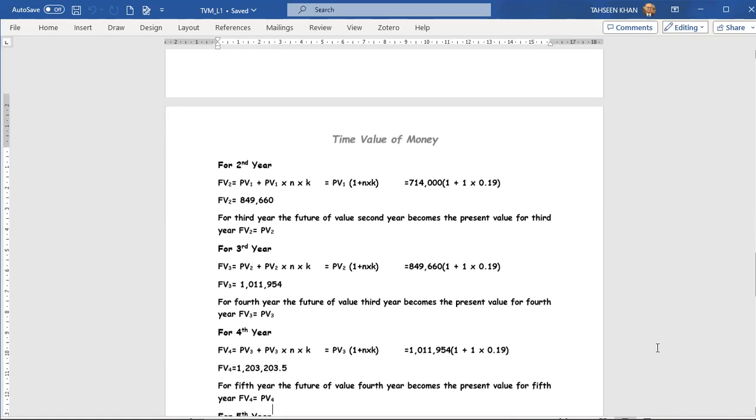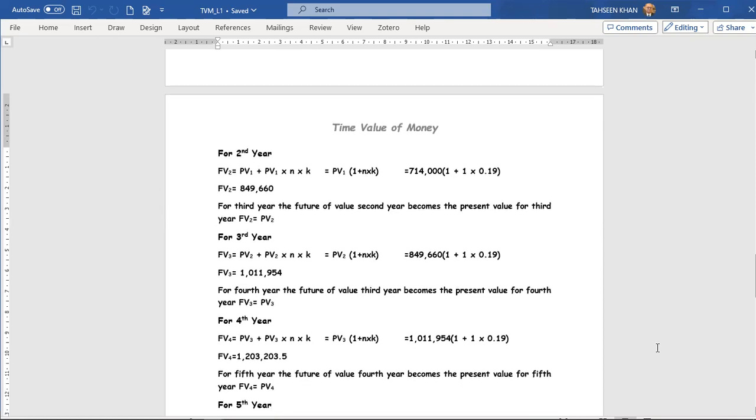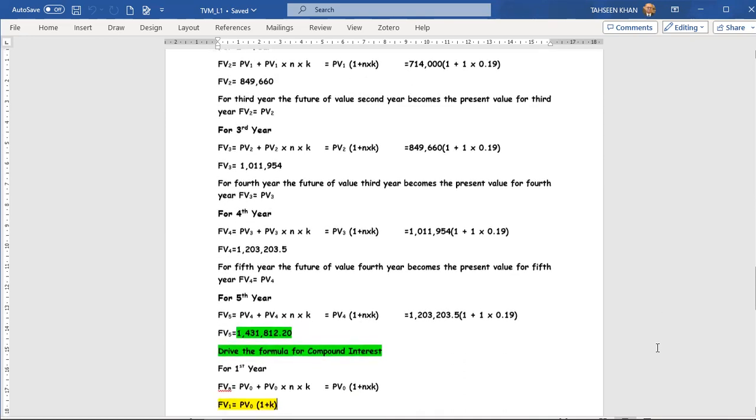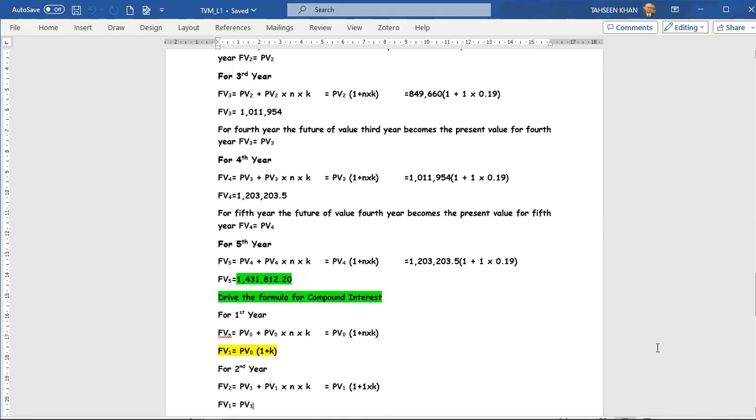Similarly, for the fourth year, it comes to 1,203,203.5, and for the fifth year, it comes to 1,431,812.20. Now, if you have to calculate for 20 or 30 years, it becomes very difficult.